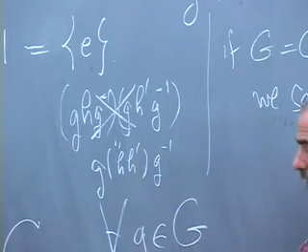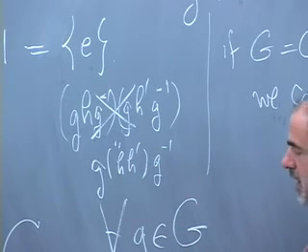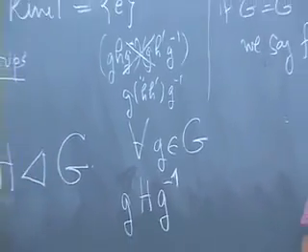So this set, all elements of the form g, an element in H, times g inverse, is closed under multiplication. So it's another subgroup of G.